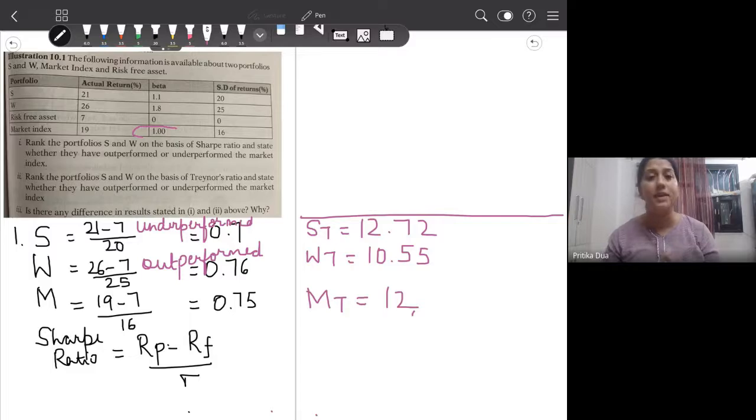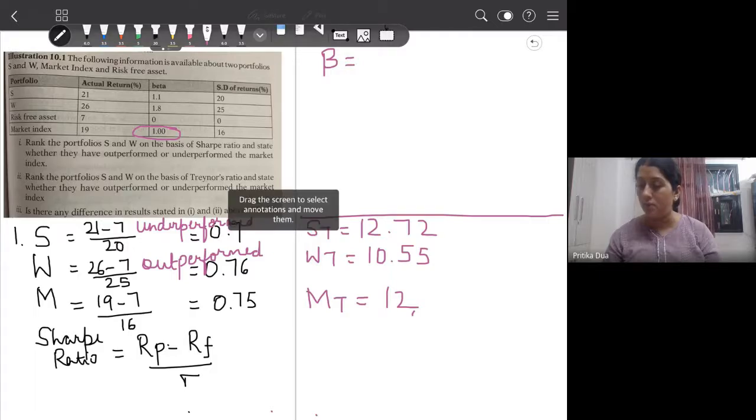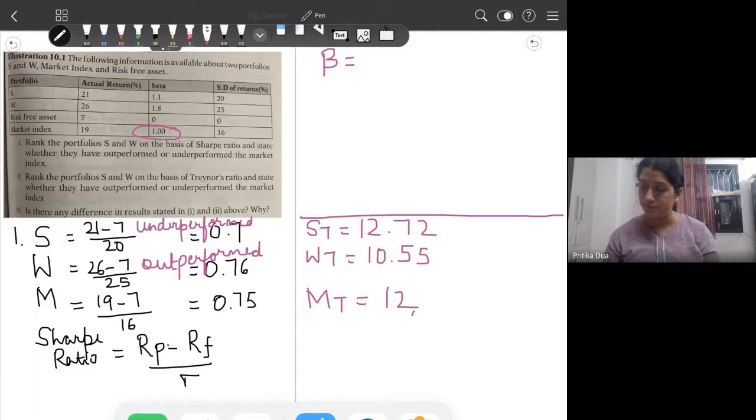So if you are talking about a single security, if it has say a beta of 0.8, then what does this mean? How do you interpret it?